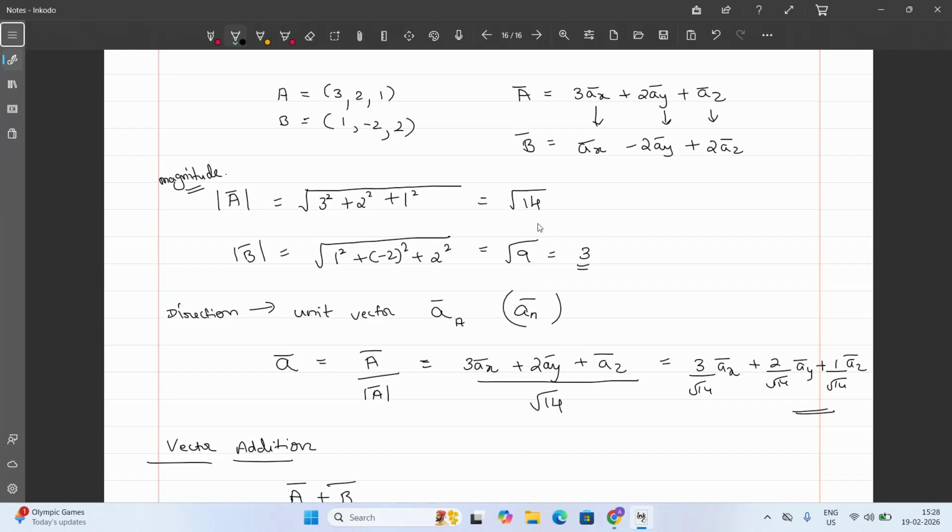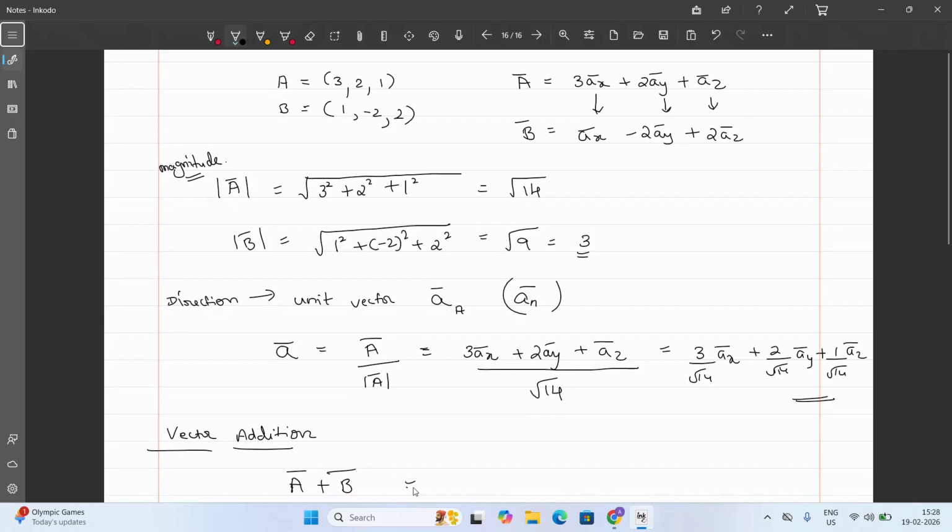So for our problem, the result is going to be 3ax plus ax, which gives me 4ax. Next is plus 2ay minus 2ay, it gets cancelled, 0. There is no ay component in the result. Then you have plus az and plus 2az, so total 3az. This will be the addition result.